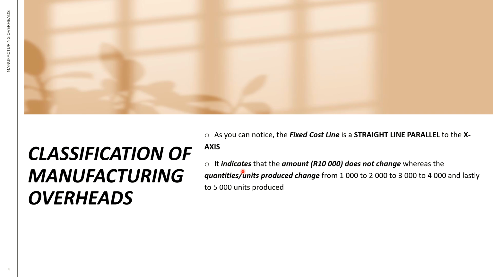Okay, it indicates that the amount that is 10,000 does not change, whereas the quantities produced change from 1,000, 2,000 to 3,000 to 4,000 and lastly to 5,000 units produced. So those fixed manufacturing overheads stay the same no matter how much quantities are produced. Right? Okay, let's go to the next slide.